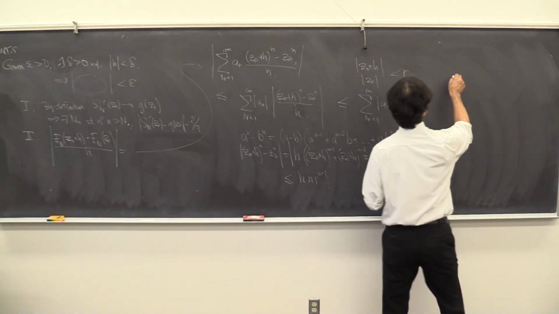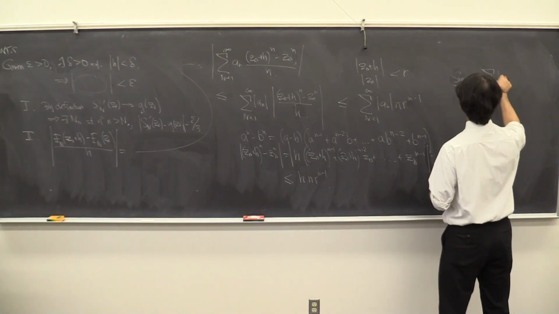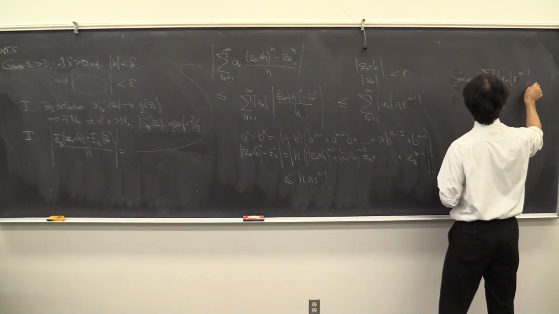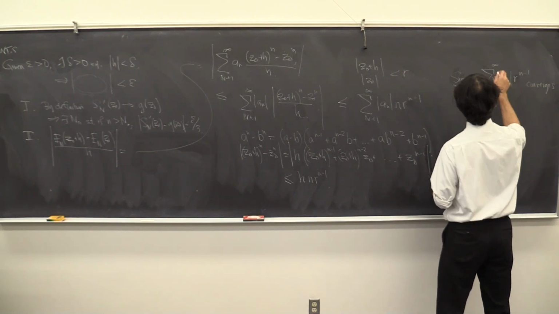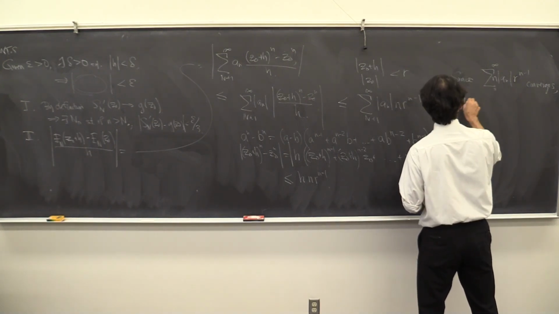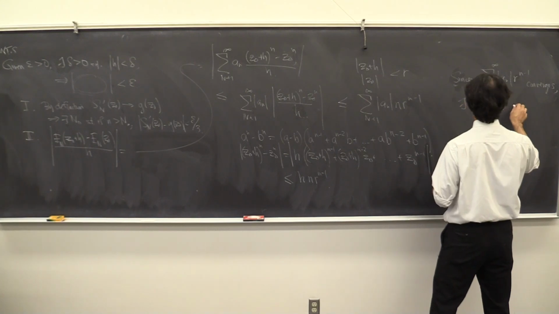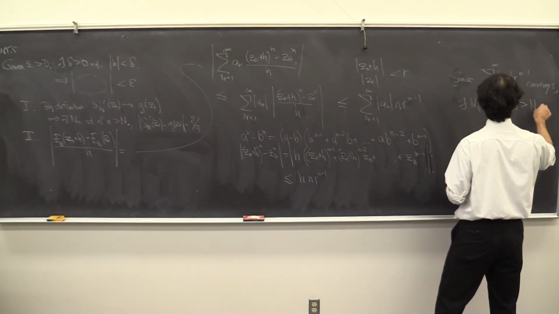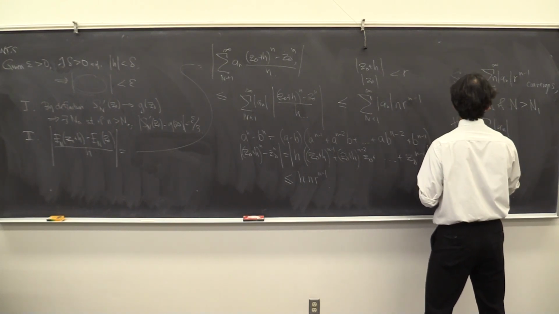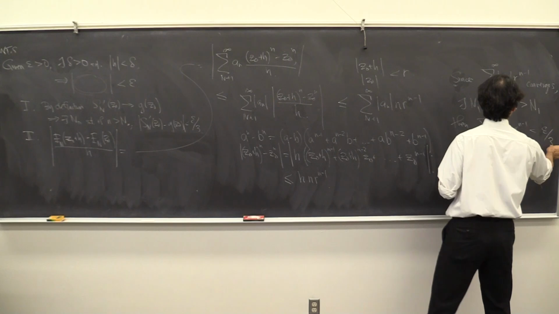So since this summation converges, there exists an n1 such that if n, let's say capital N, is bigger than n1, then this term, the tail, is smaller than epsilon over 3 to the k.